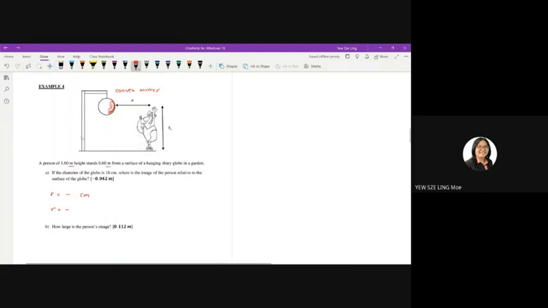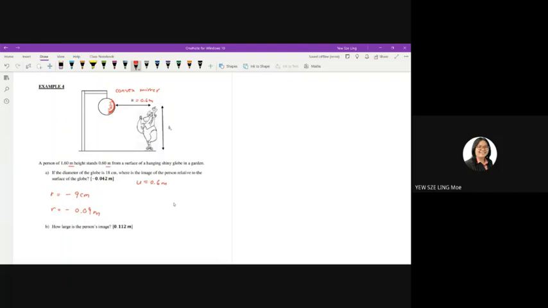Sorry, my bad. So R equals negative 0.09 meter. The person stands 0.6 meter from the surface of the globe, so U equals 0.6 meter.